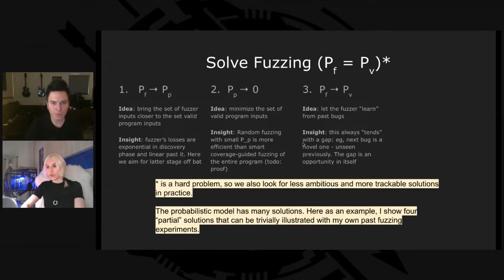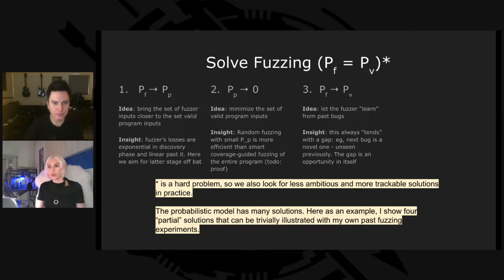The third approach to optimizing this is to try to get the probability distribution of the fuzzer closer to the probability distribution of the vulnerability. How is it possible? For example, we can let the fuzzer learn from past bugs.